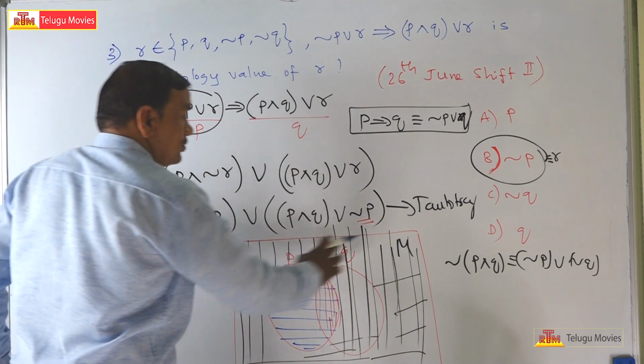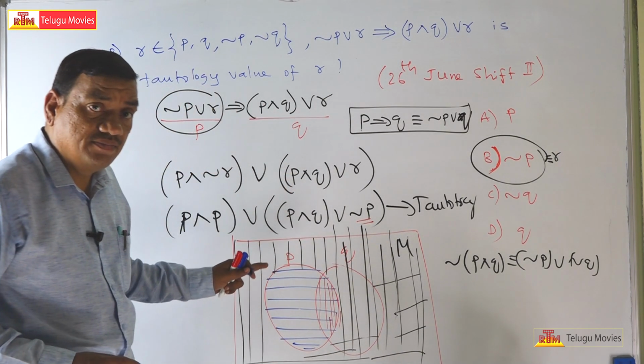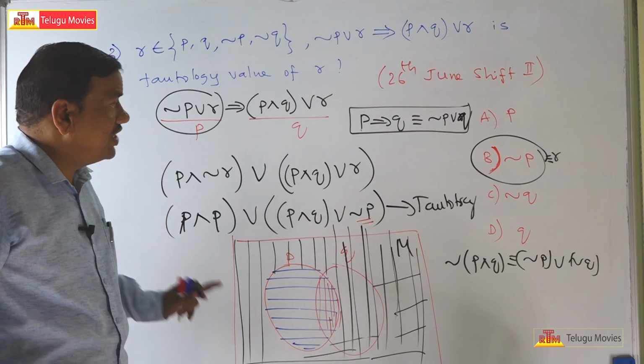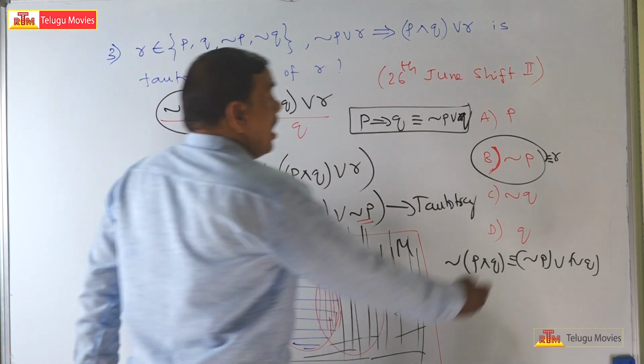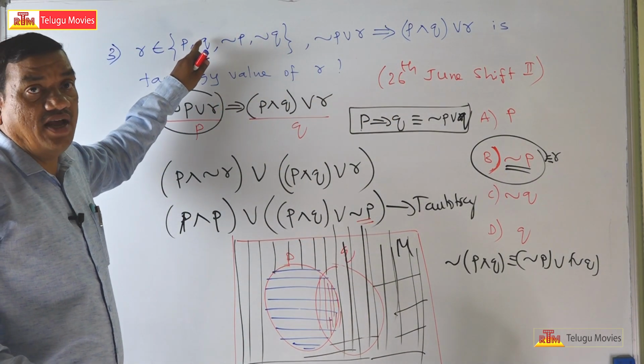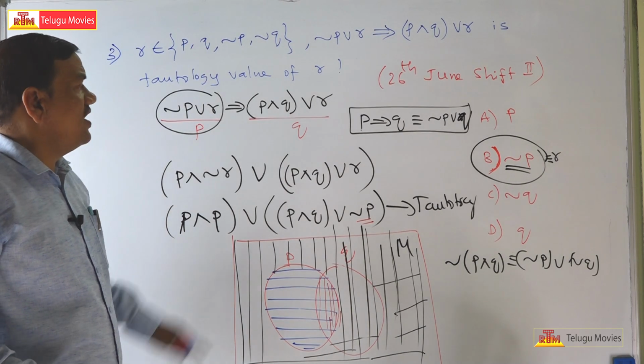Is there any gap here? Nothing is left, so everything is shaded. Therefore, for R equal to negation P, the given statement is a tautology. Very easy problem.